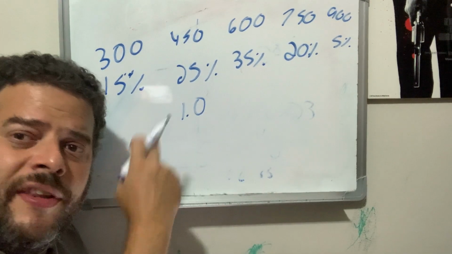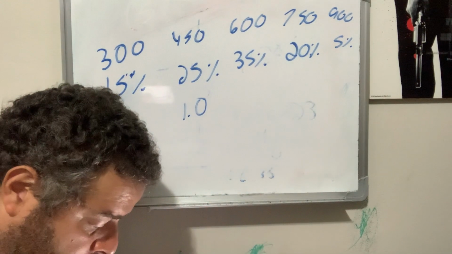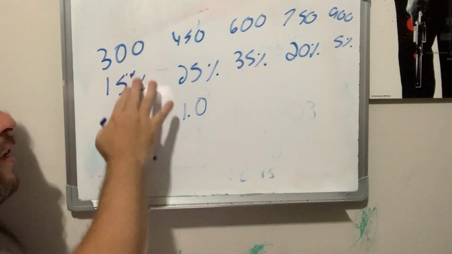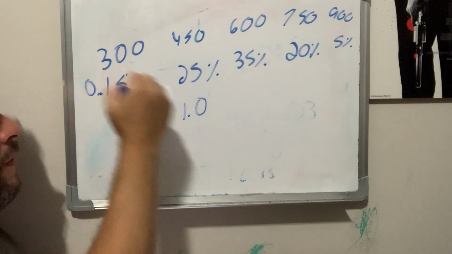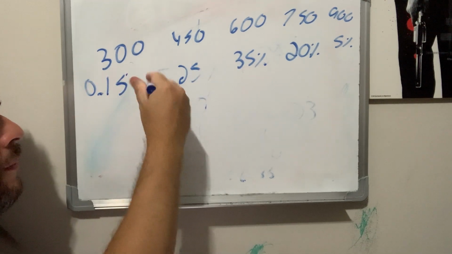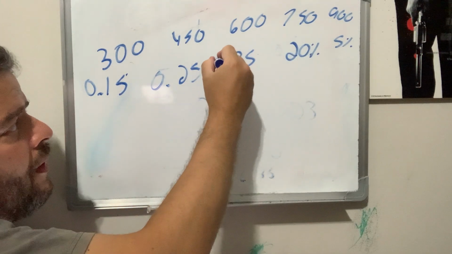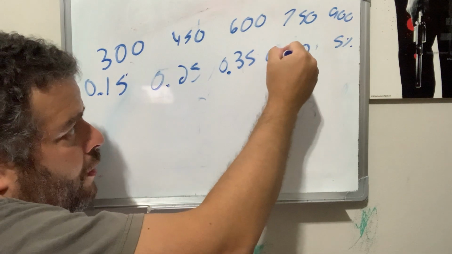So we're going to turn these percentages given into probabilities as given in the book. I just put the percentage there just to remember that we have to use probabilities. So 15% becomes 0.15. 25% becomes 0.25. 35% becomes 0.35. 20% becomes 0.2.